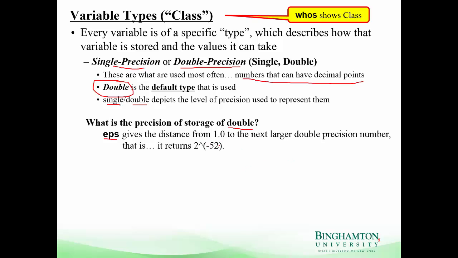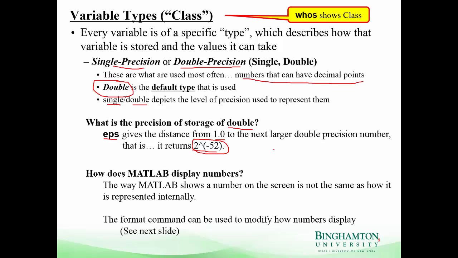Basically the next one is going to be 1 plus 2 to the negative 52. So you can see that the resolution between adjacent representable numbers is pretty fine. And that's a measure of the precision that we're able to represent this to.